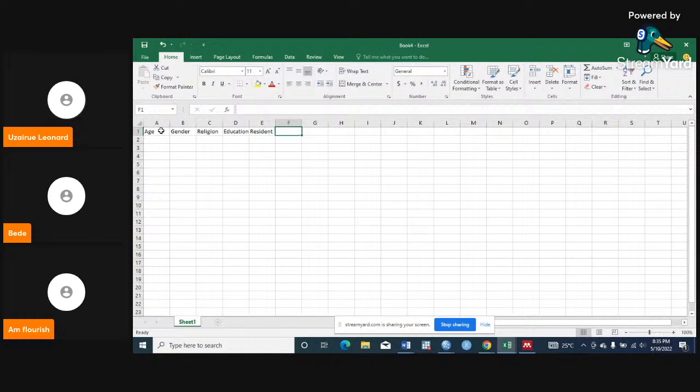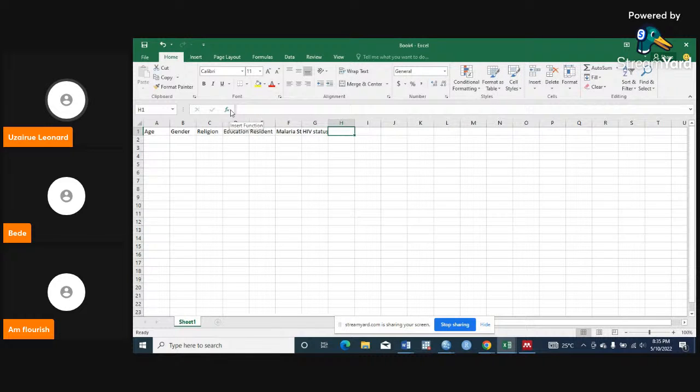Then you can add malaria status, HIV status. Then you can add as many things as you want to add.